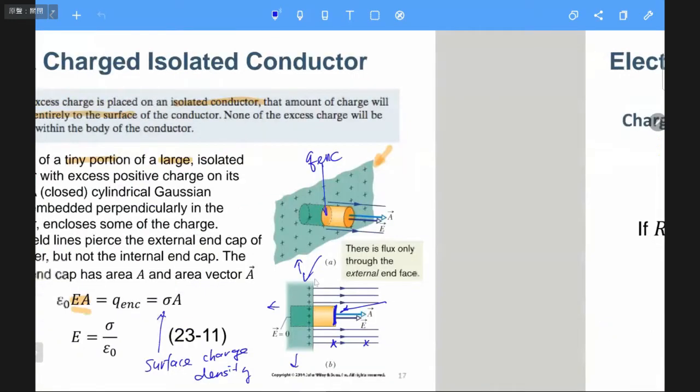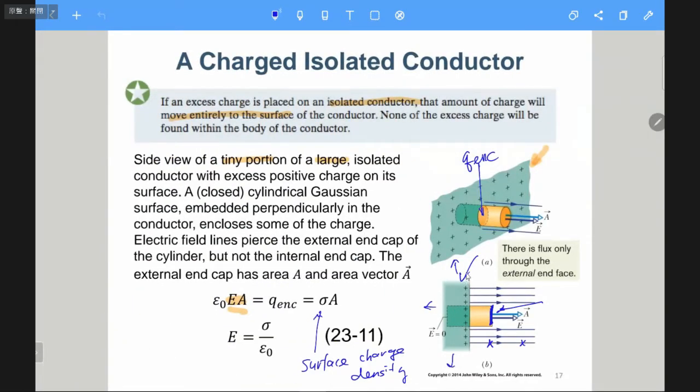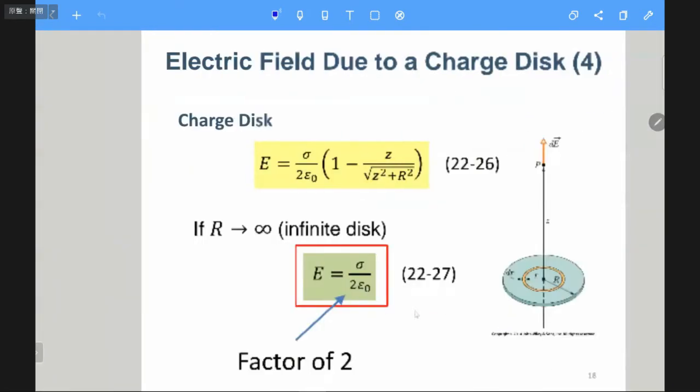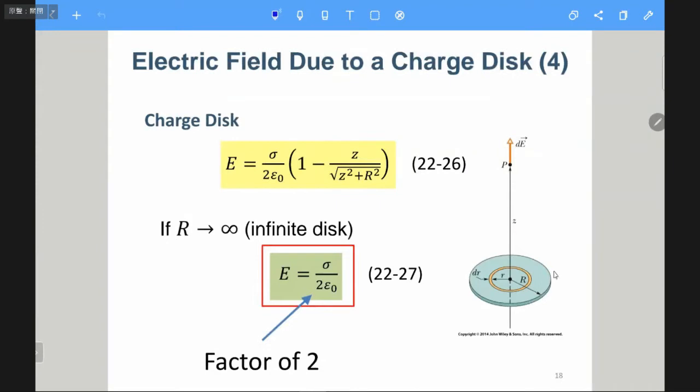Because here we assume that this conductor is infinitely large in terms of the surface, but also the thickness, so we don't have the E field contributing to the right side. But here, this is a very thin charge disk. So it will generate an E field pointing upward for the upper part, and an E field pointing downward for the bottom part.